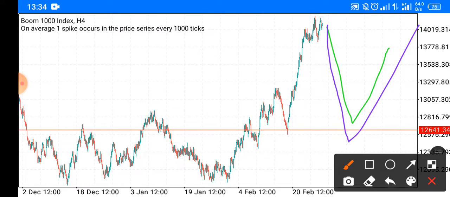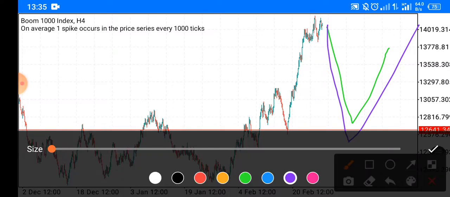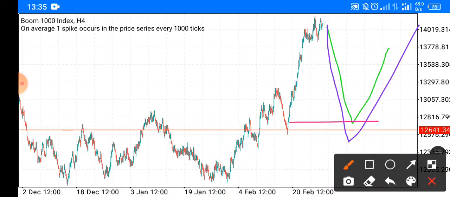So I don't want you to think of it as a single line, but we're going to take this whole area around the support level. That's where we're going to start looking for confirmation candles to enter our buy or our sell, depending on whether it's a support level or a resistance level. As I said, we buy at a support and sell at a resistance.